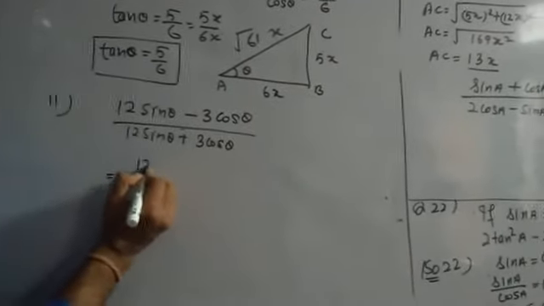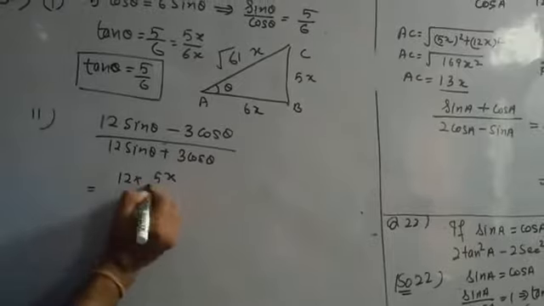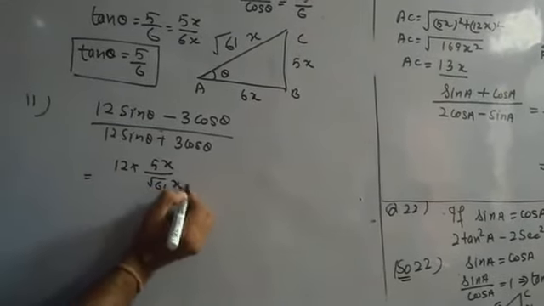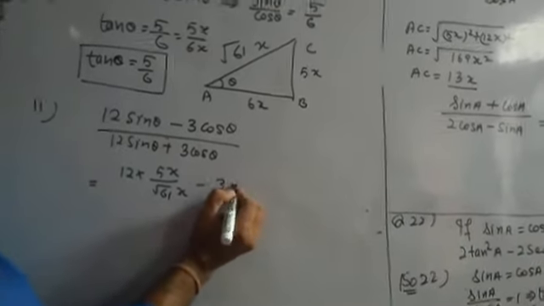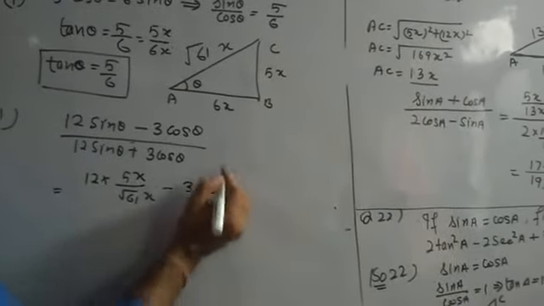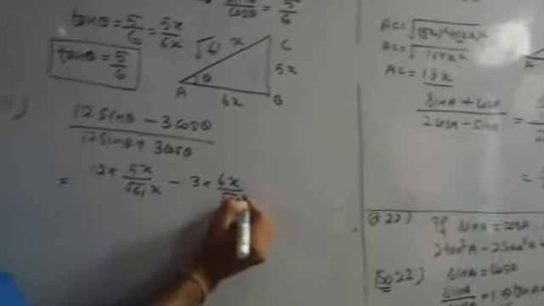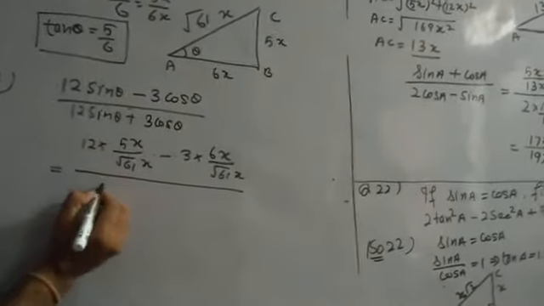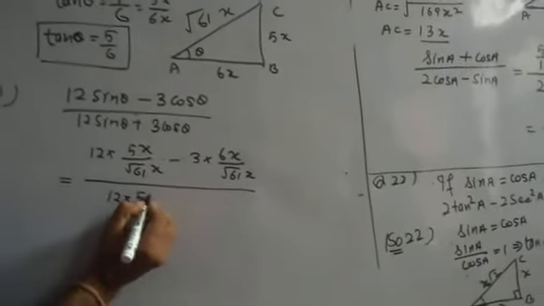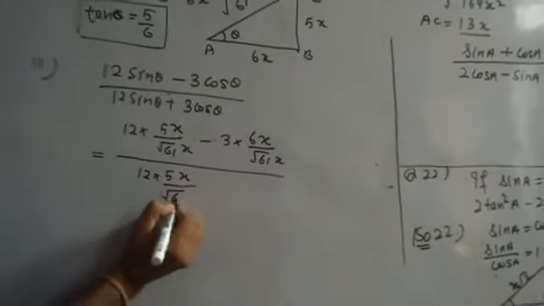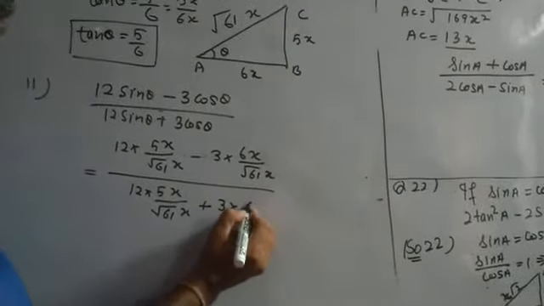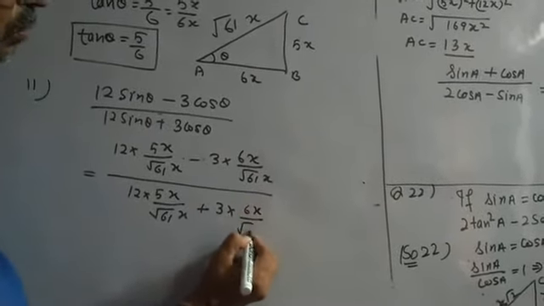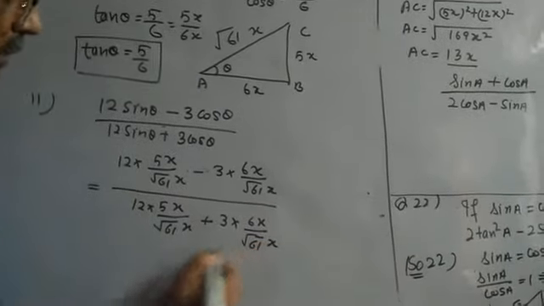Now here 12 into 5x upon root 61x minus 3 into base 6x upon hypotenuse root 61x, upon 12 into 5x upon root 61x plus 3 into 6x upon root 61x.